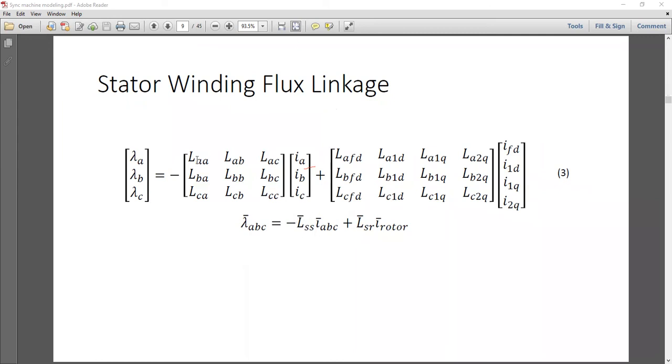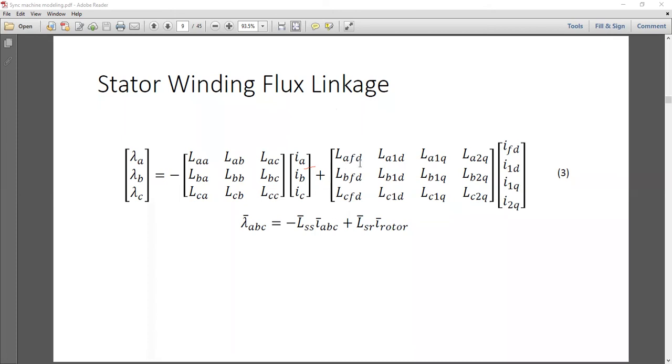All are stator to stator quantities, so we call them LSS. This is IABC, the shorthand notation for the 3-phase current flowing in the stator. What is this? This is the stator to rotor mutual inductance matrix.